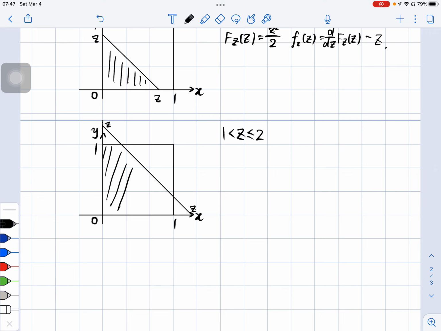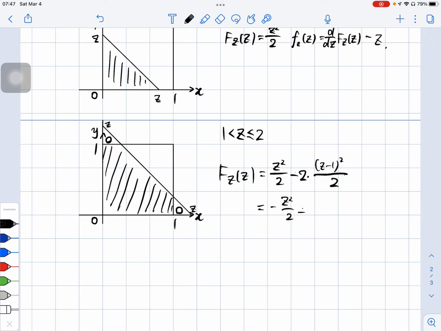What we want to know is this part, and we have to use this minus this part and this part: 2 times z minus 1 squared over 2, and this.